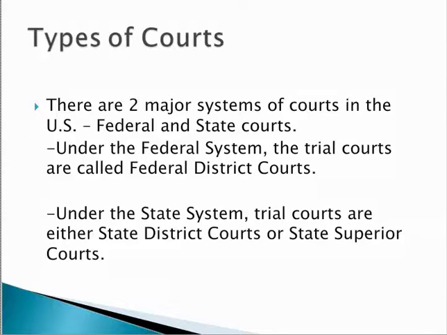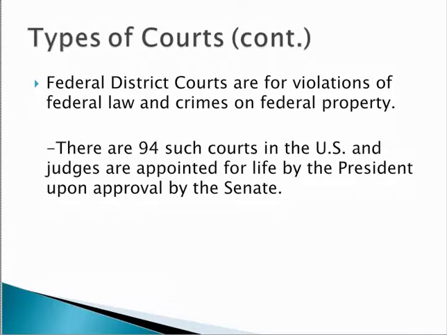Under the federal system, the trial courts are called federal district courts. Under the state system, trial courts are either state district courts or state superior courts. Federal district courts are for violations of federal law and crimes on federal property.